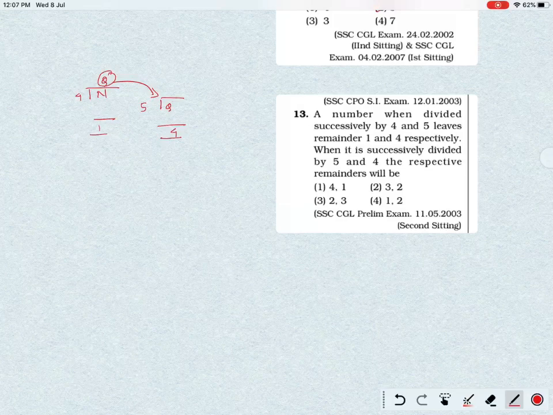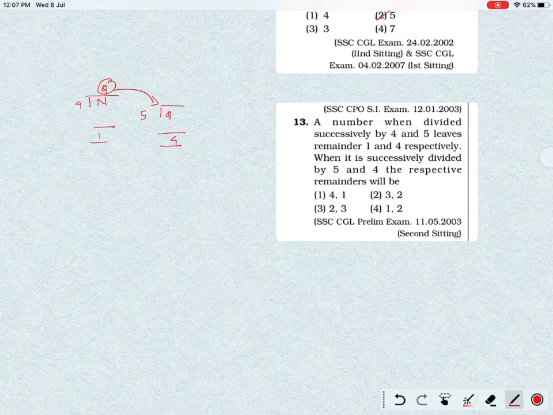Now in case of these successive remainder questions, we consider the minimum value of the quotient, that is 1. 5 into 1 is 5, so the quotient here needs to be 9 so that the remainder is 4.